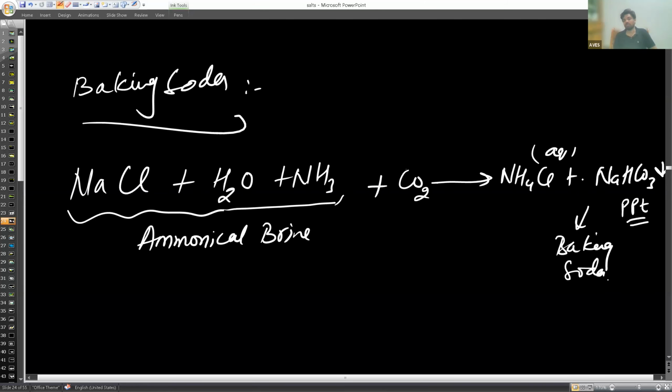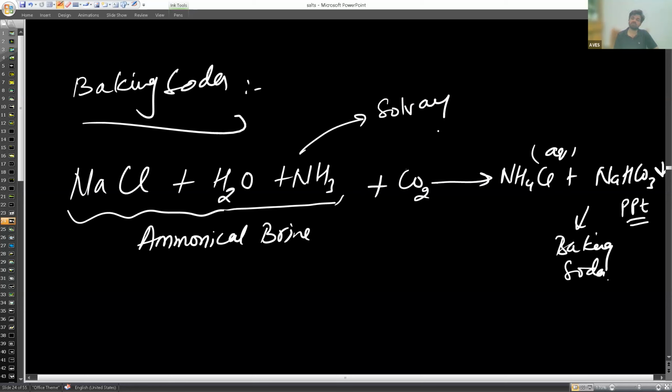From ammonium chloride. And this process is known as, name this process. What is the name of this process? Yes, Harshit, what is the name of this process by which baking soda is prepared? Yes, Aisha?